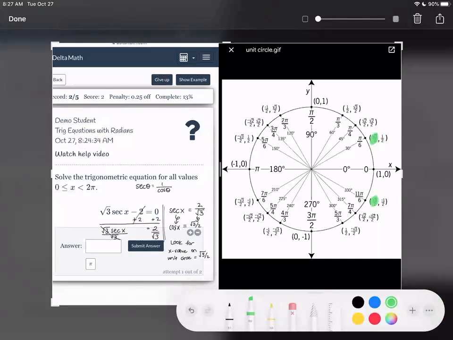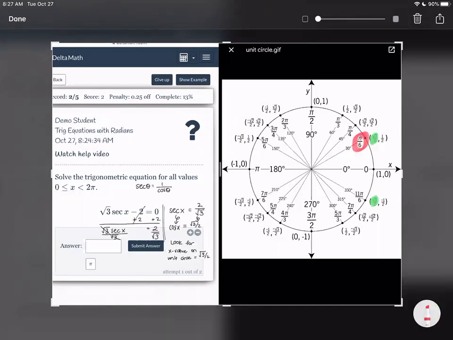And so we are going to have that and that as our radian answers. Any questions? Okay, let's enter pi over 6 and 11 pi over 6.